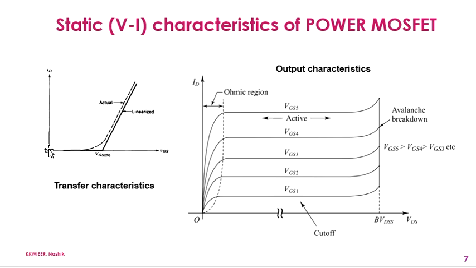So output current versus input voltage is nothing but the transfer characteristics of the power MOSFET. These linear transfer characteristics are used for transient analysis. Initially, when VGS is not applied, when VGS is 0, the drain current does not flow through the device, as we have seen in the operation of power MOSFET. So when VGS is 0, the value of ID is also 0.